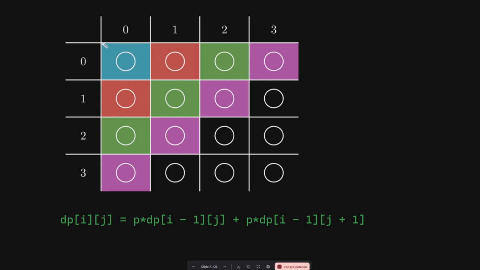So the idea is, we know that dp[0][0] would be 1, and then you assume this to be x, or assume it to be a linear function of x, which is 1 into x plus 0. Then this is also a linear function of x, and then you have another relation between these two. So you compare them and find the value of x, and then you propagate this result down.